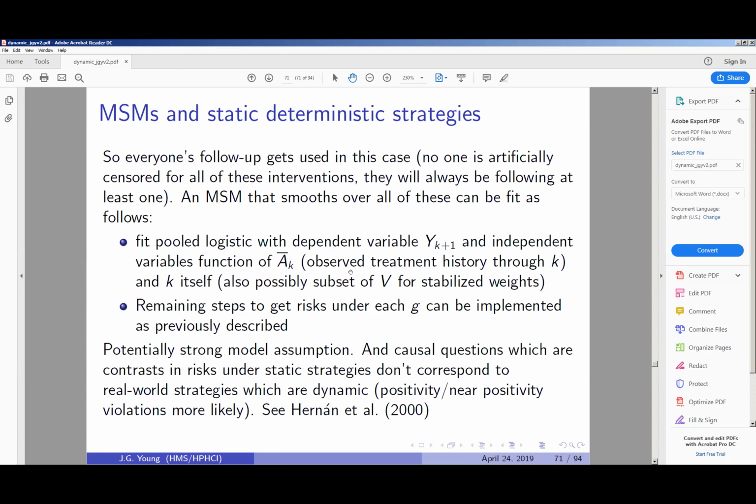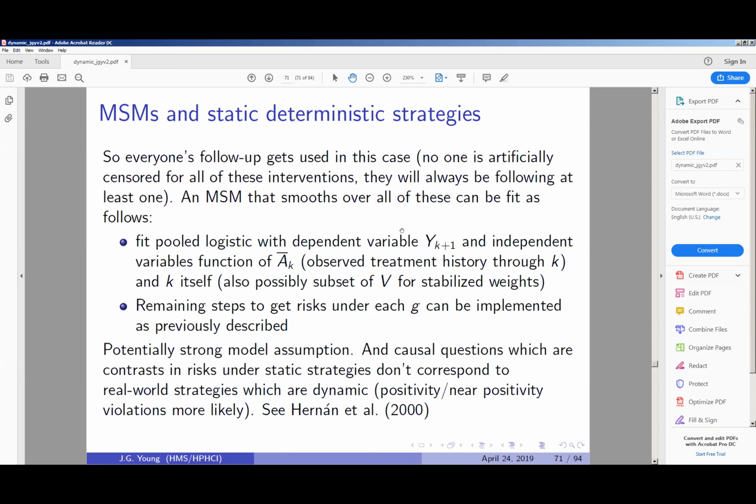So you have to be explicit about it. You can't use A bar itself as a determinant of whether you're following the strategy. You have to use the whole history, which is why we have to go through this explicit artificial censoring procedure.